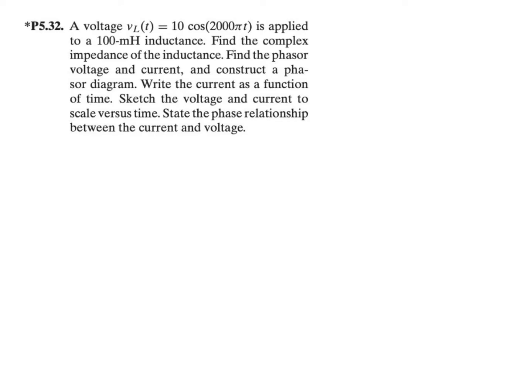Question P5.32. A voltage VL is equal to 10 cosine 2000 pi t, and this voltage is applied to a 100 millihenry inductance. So we know the voltage VL, and we also know the inductance L. What we need to do here is to find the complex impedance of the inductance.